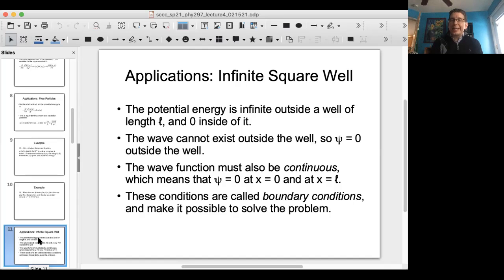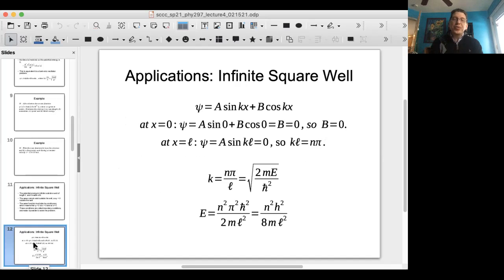So the wave function has to equal 0 at the boundaries. There can't be a discontinuity in the wave equation. So that creates boundary conditions that make it possible to solve the problem. The cosine can't be 0 at x equals 0, so you can't have a cosine term. So b is equal to 0.